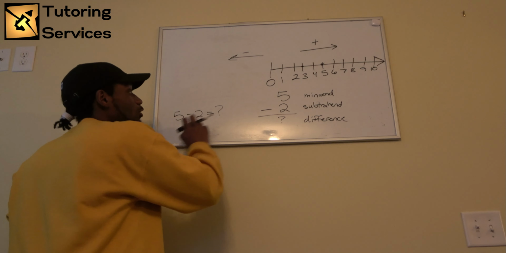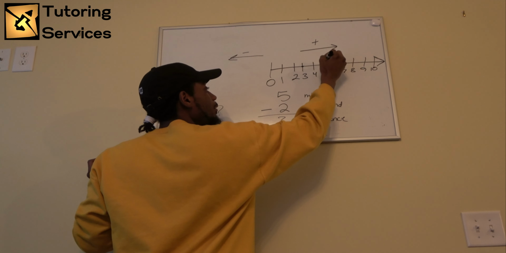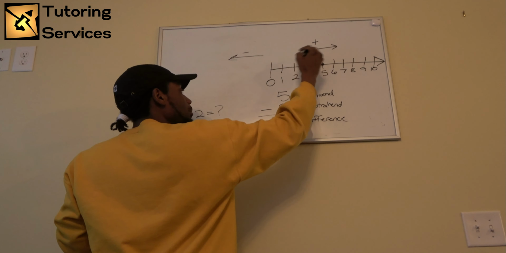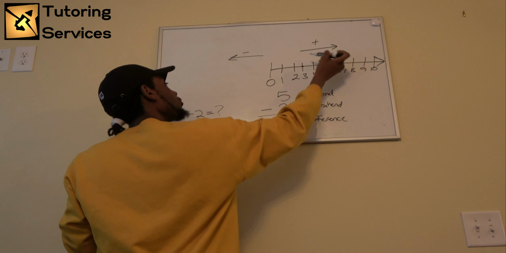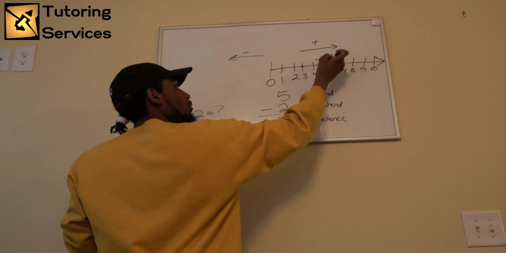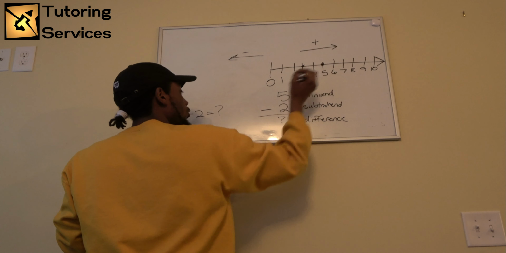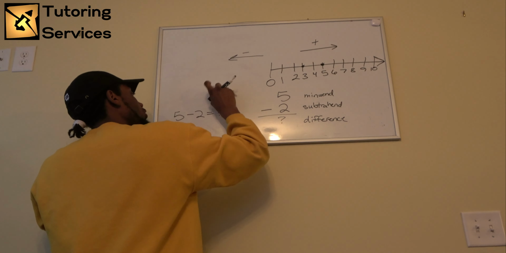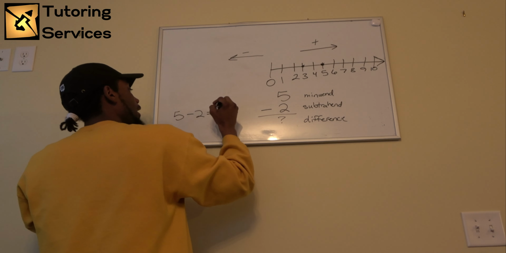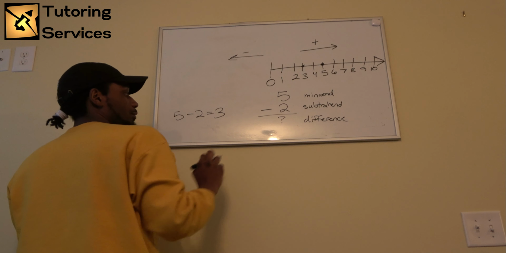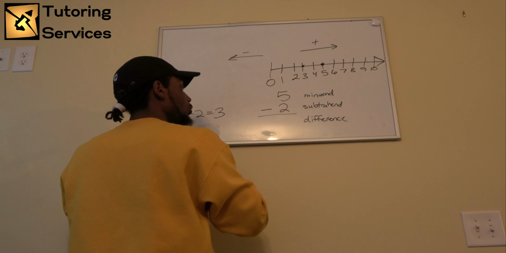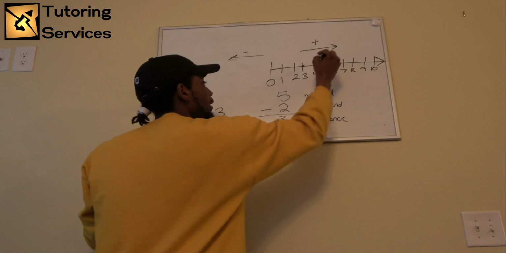So let's start at 5 and subtract 2. We count 2 in the other direction. 1, 2. And that leaves us here, which is 3. Oh, okay. So that means that 5 minus 2 equals 3.